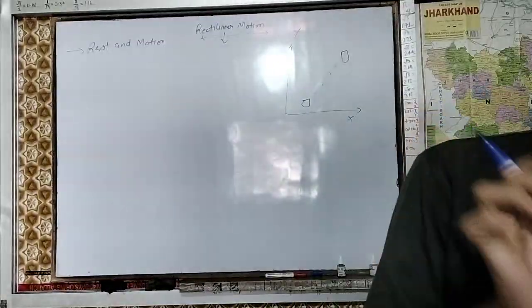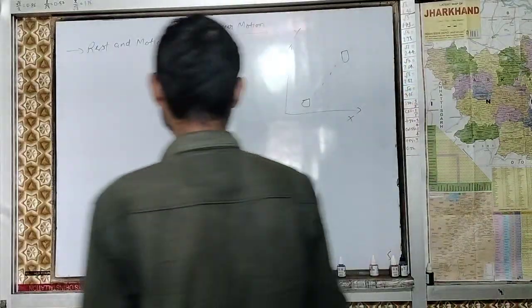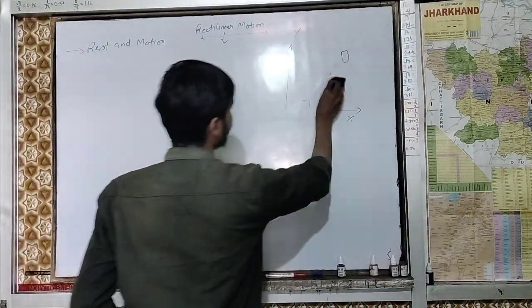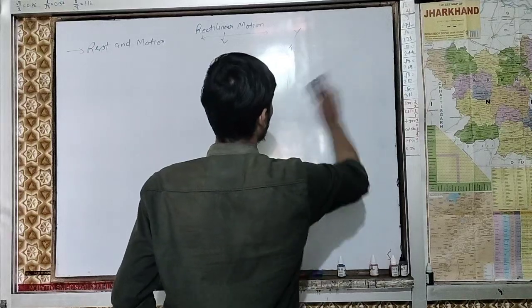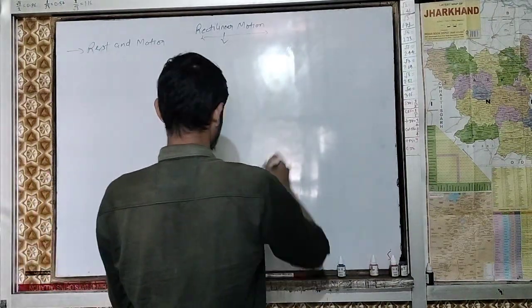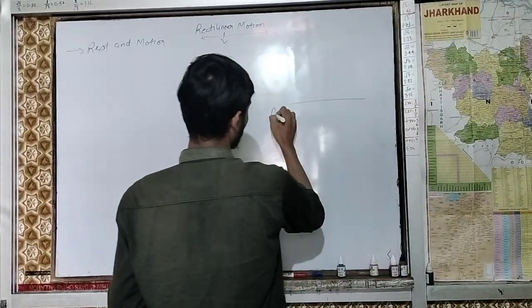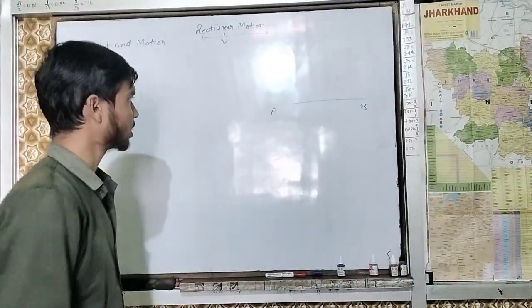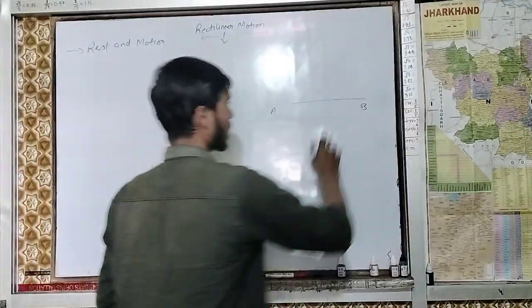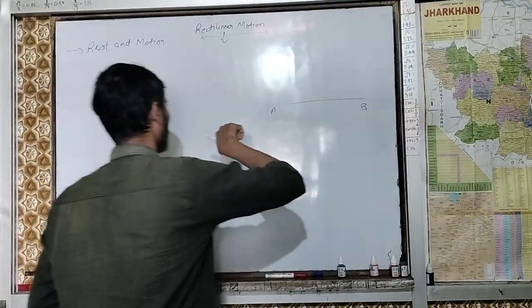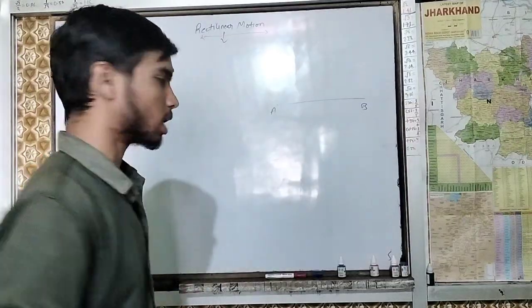Let's draw a figure so that we can get more clarity about distance and displacement. This is a diagram. This is point A, point B. Initial location, you can say, is A, and final location is B. There are three paths.